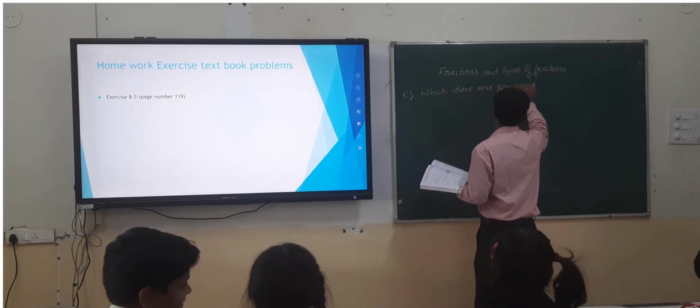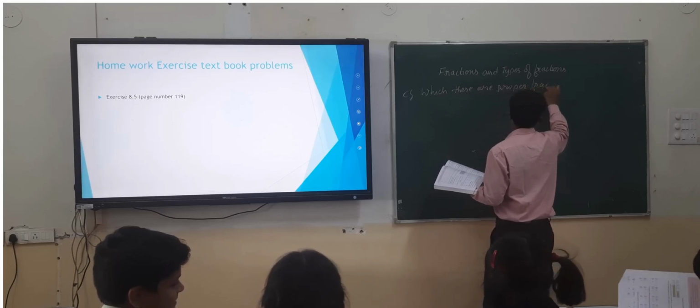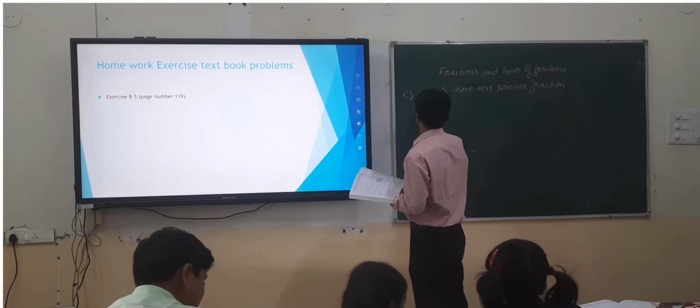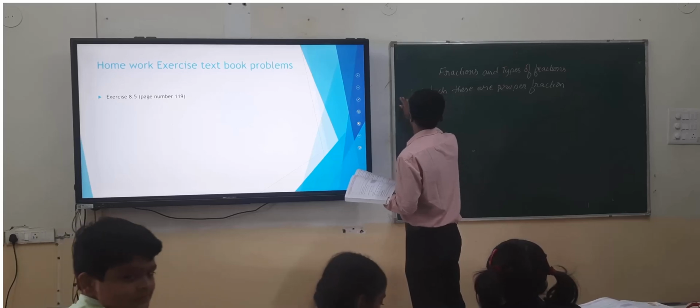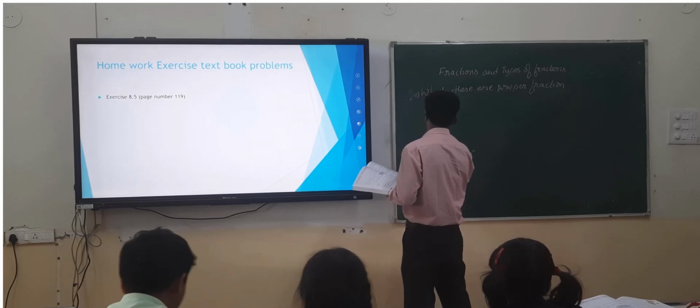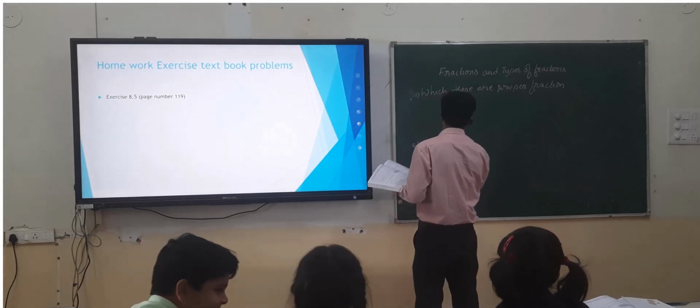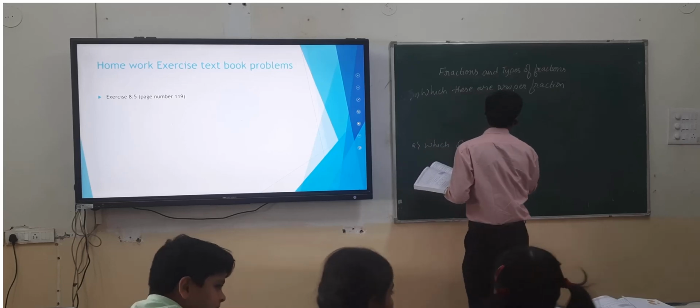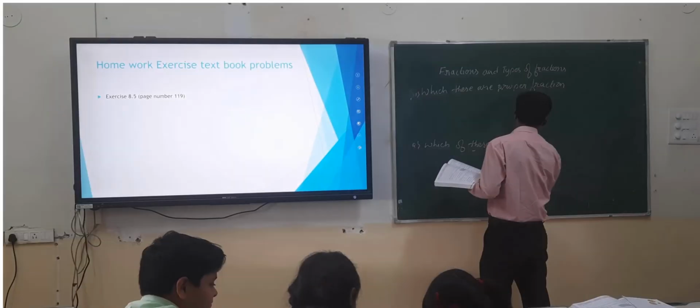See which of these are proper fractions. Question number 2: which of these are improper fractions.